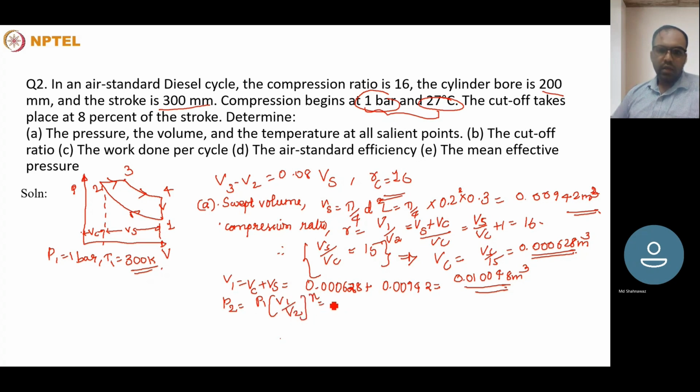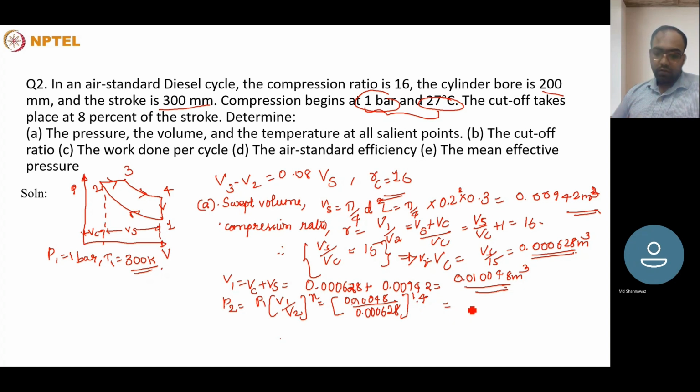P1 is 1 bar. Gamma for air can be assumed to be 1.4.